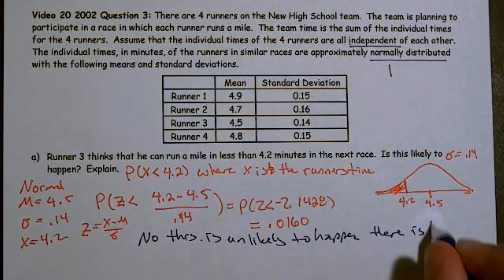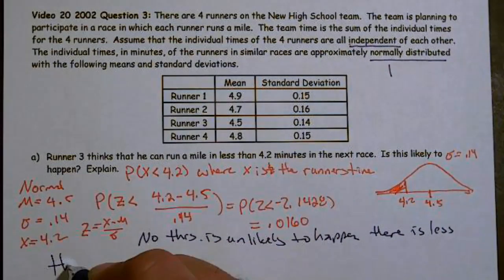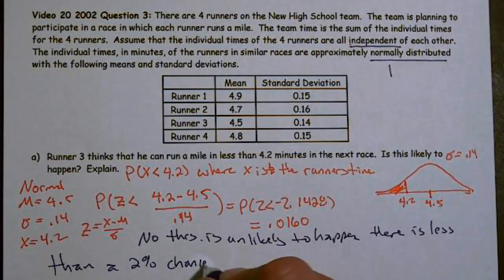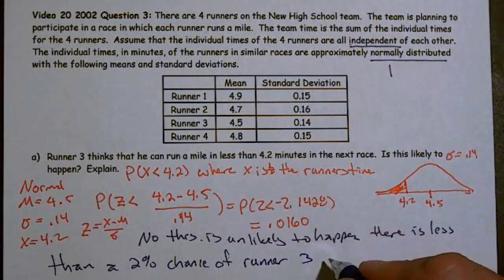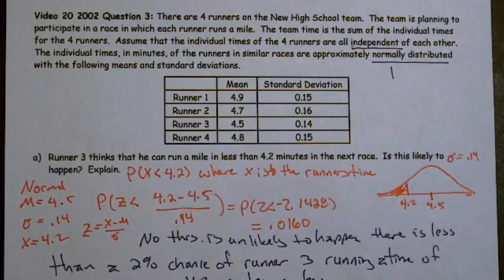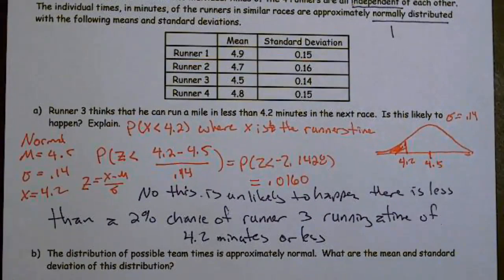There is less than a 2% chance of runner 3 running a time of 4.2 minutes or less. It's not impossible, but unlikely.